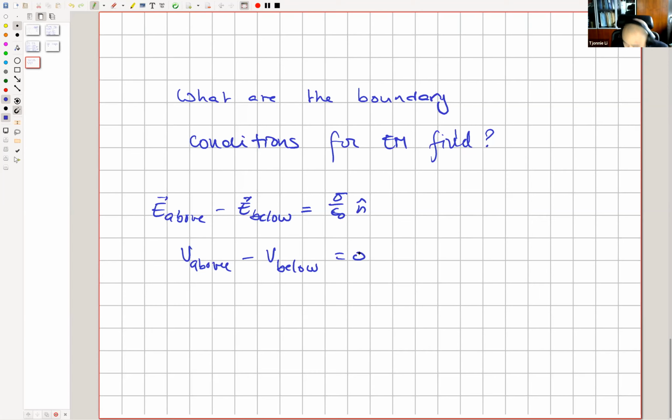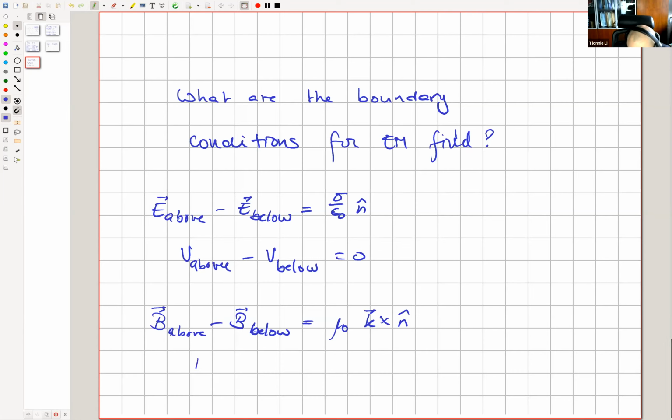Parallel. Very good. Okay. So indeed, when we look at the magnetic field, B above minus B below equals mu naught K cross N hat.